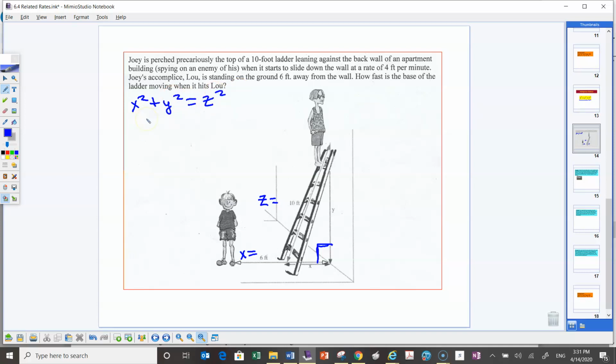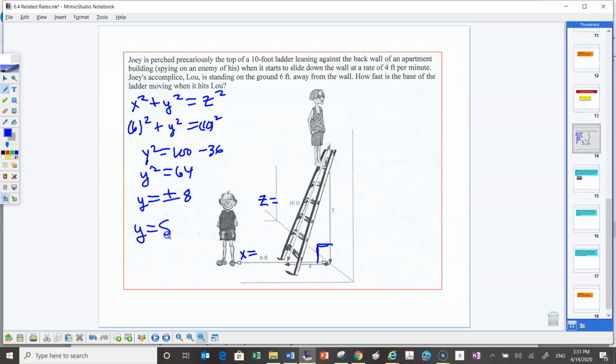So x is 6. Y squared is what we're looking for, and z is 10 squared, so y squared would be 100 minus 36. Y squared is 64. Y is plus or minus 8, and since we're talking about a distance, y is 8 feet.